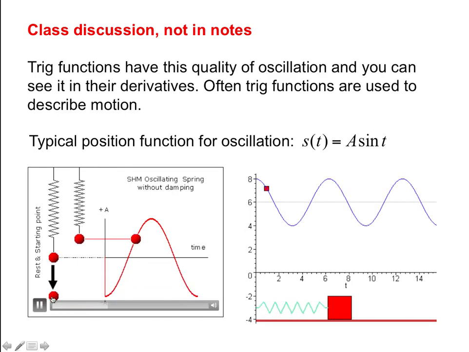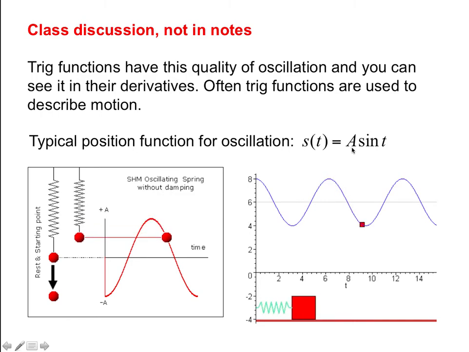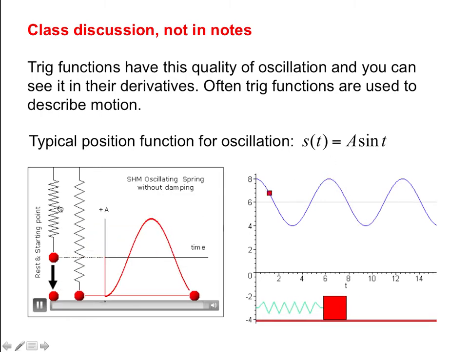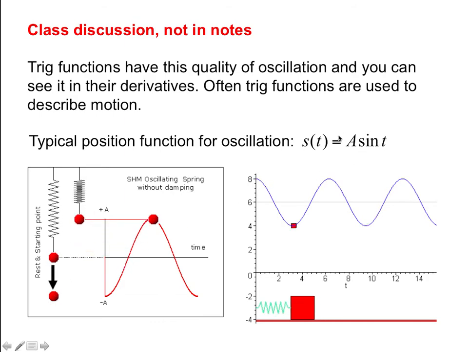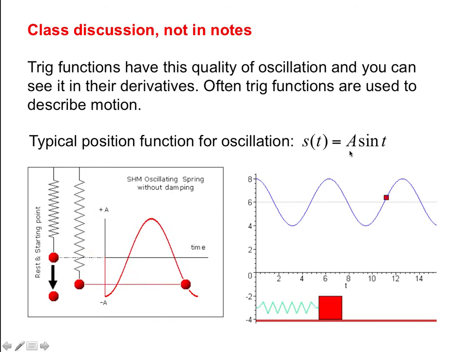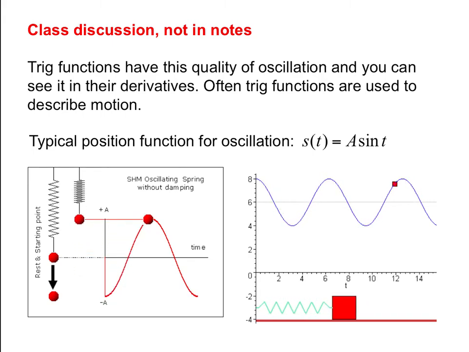So we pulled it down a distance a, and so it swings up and down a distance a from that starting point or equilibrium point. So we're going to use this as a position function, and then we're going to use our higher order derivatives to find velocity and acceleration.